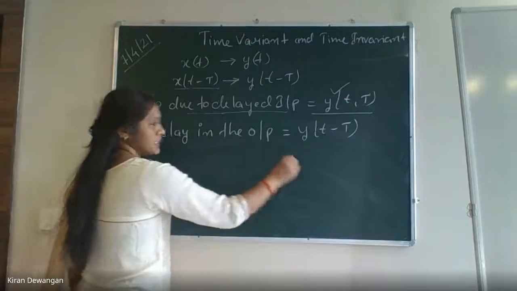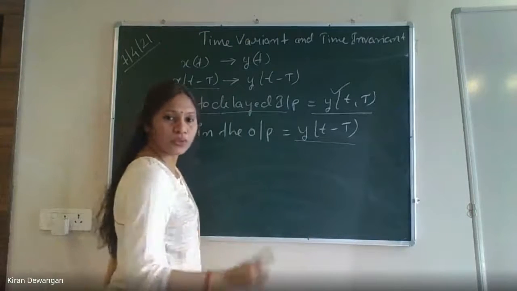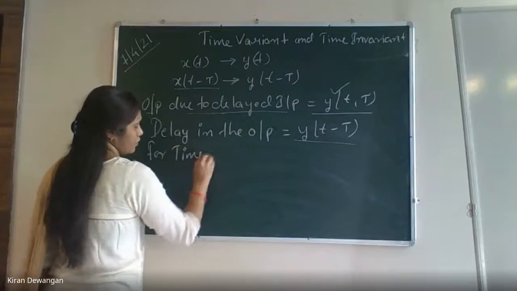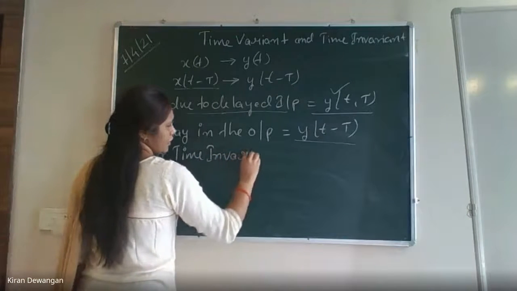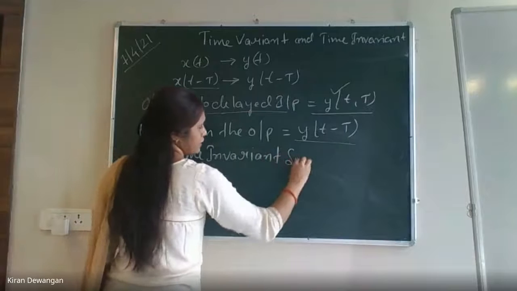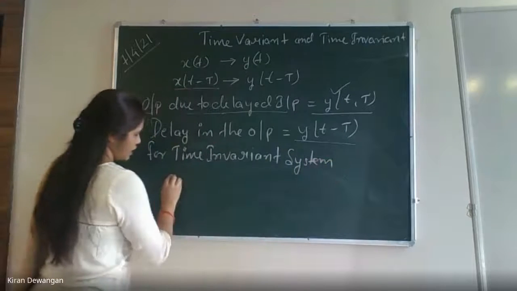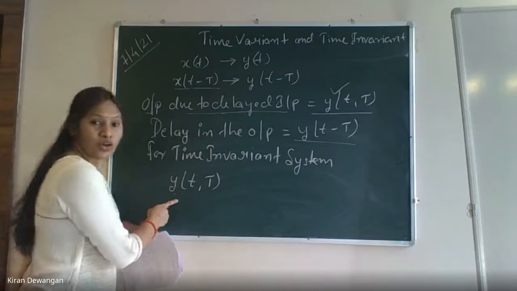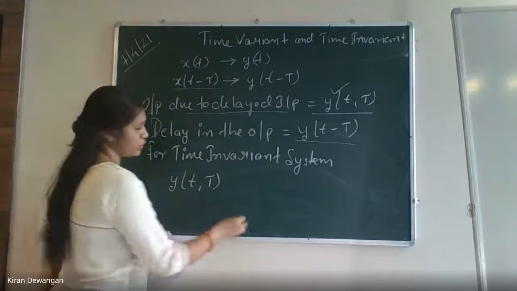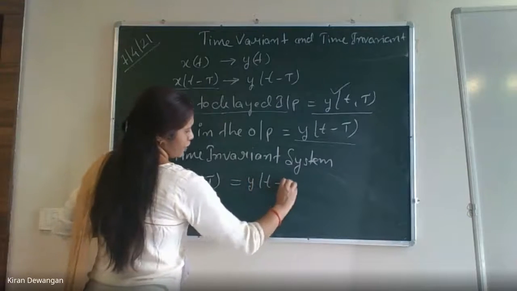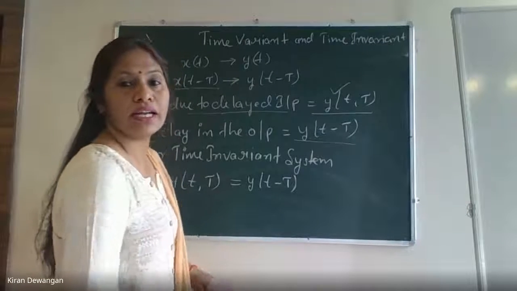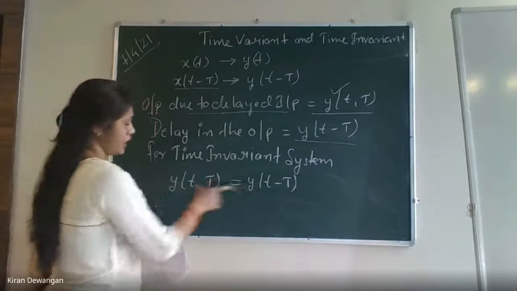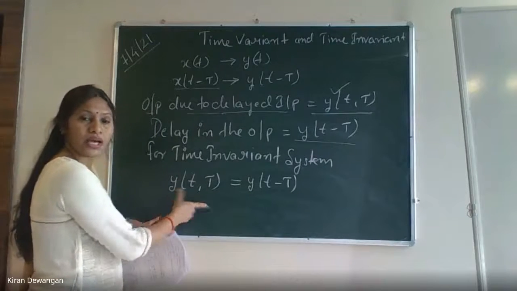Now if I am simply delaying the output, अगर मैं output को delay कर रही हूँ, so for a time invariant system, y(t, T), that is the output we are getting with delayed input, should be equal to y(t minus T), that is with delayed output. ठीक है, तो ये output में delay है, and this is the output we are getting when we are delaying the input.